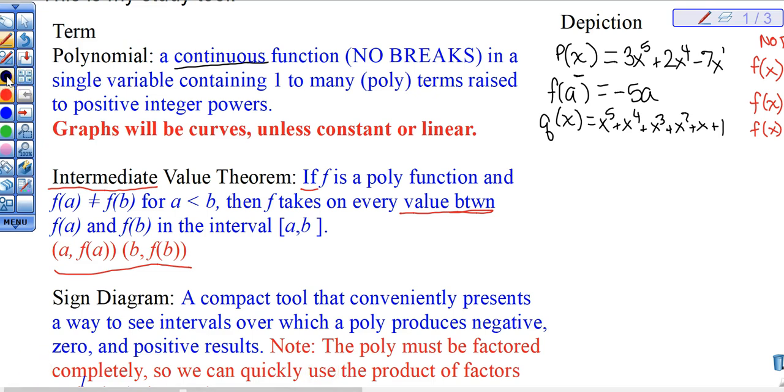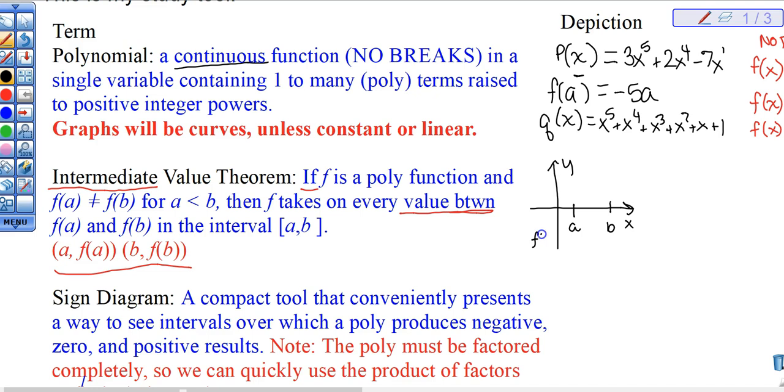So we'll come over here and we'll just do a couple little pictures quickly. So this is going to be my y-axis. This is going to be my x-axis. And I'm going to follow the rules. So a has to be less than b according to our if statement. And it's a polynomial. And my f of a cannot equal my f of b.